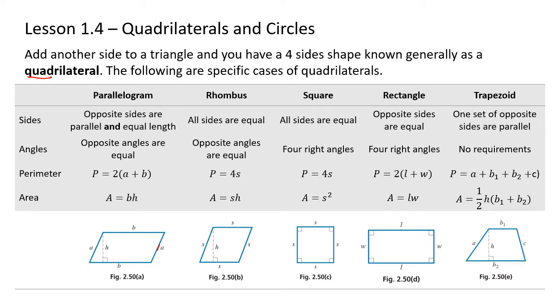The key difference between a parallelogram and a rhombus is that in a parallelogram, opposite sides are equal in length, okay? But adjacent sides are not necessarily. A rhombus is when all sides are equal in length, okay?